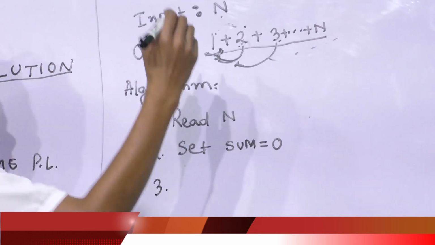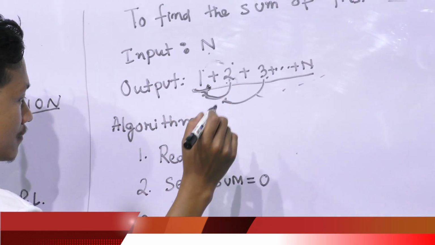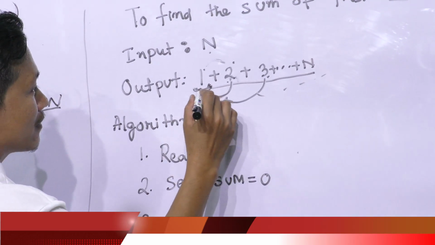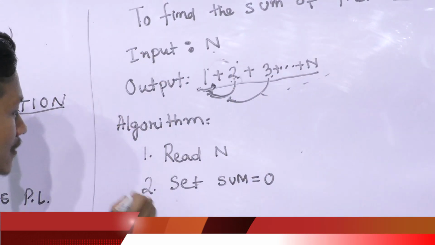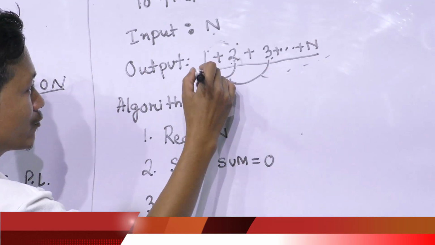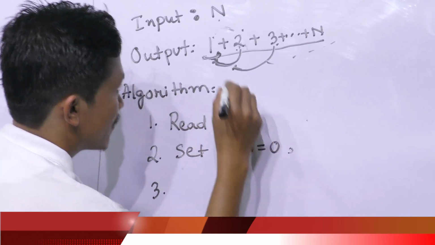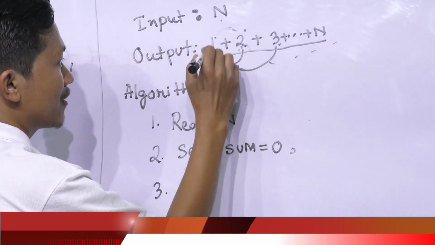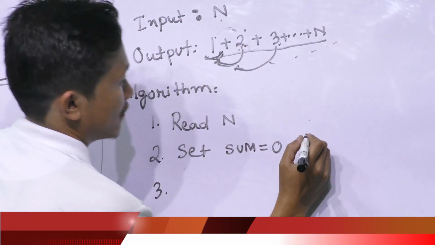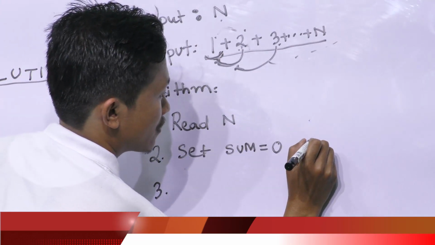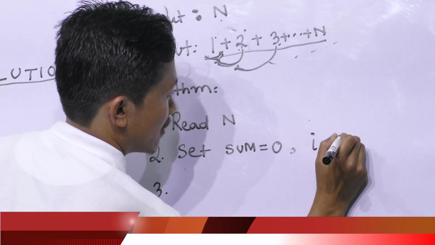After this we have to proceed up to n. From where do we have to start? From 1 we have to start. So we have to set the initial value of the counter to 1. This counter will be represented by I, set I to 1.